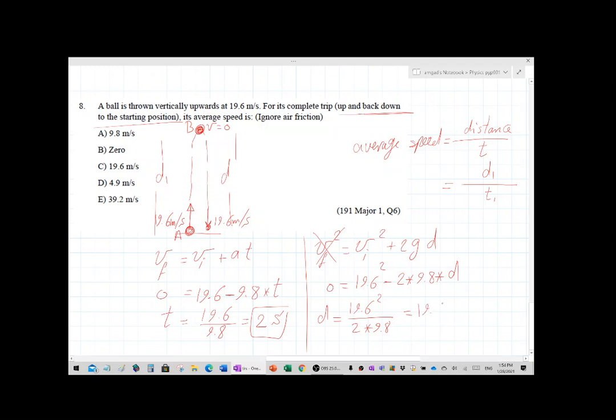Actually, the denominator here is 19.6, so we can cancel it out with the square. So it's 19.6.